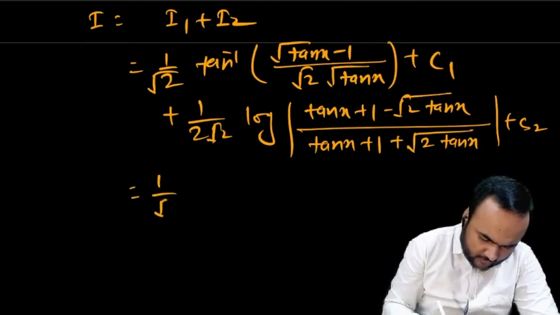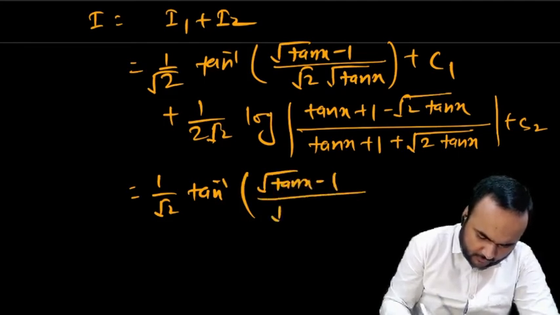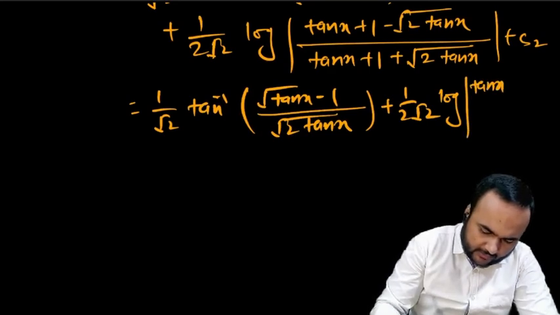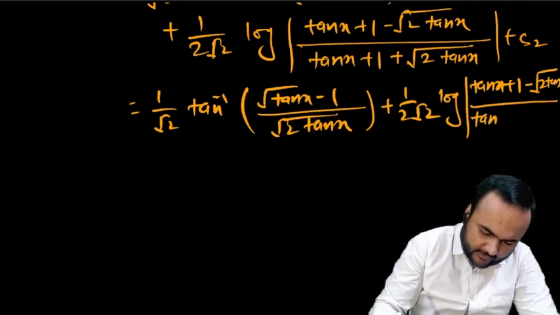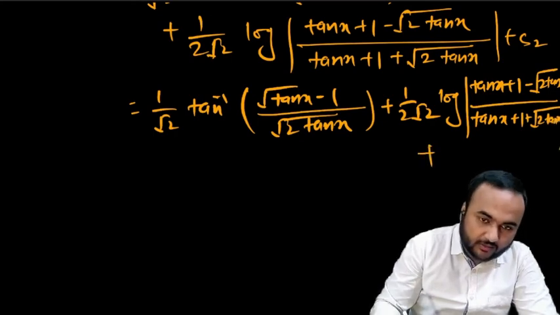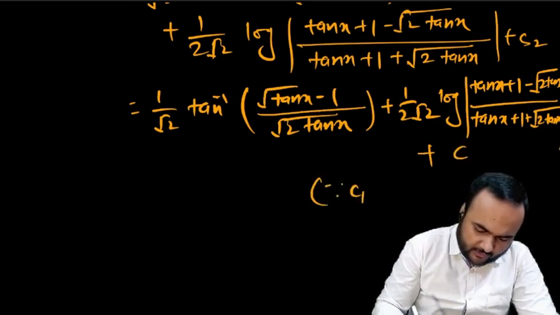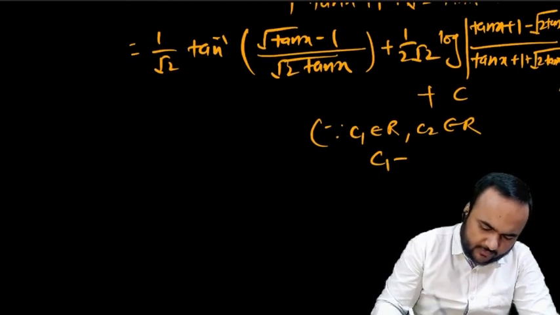Just one thing more, that you can write it like this: tan inverse of root 2 tan x minus 1 over root 2 tan x, plus 1 by 2 root 2 log mod of tan x plus 1 minus root 2 tan x divided by tan x plus 1 plus root 2 tan x, mod, plus capital C. Okay, because since C1 also belongs to real numbers, C2 also belongs to real numbers, the summation C1 plus C2 will also be a real number.